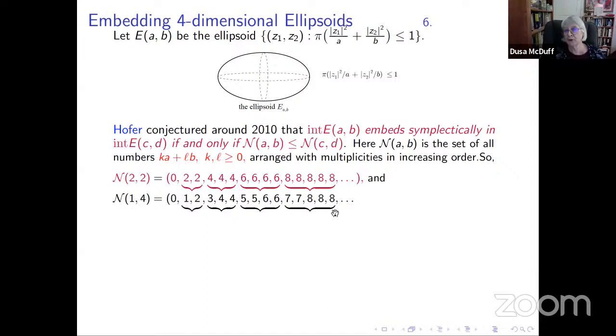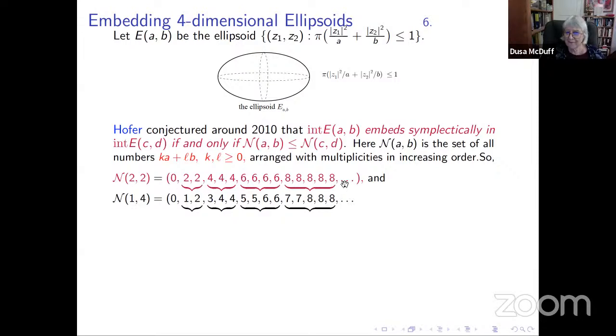So you can write down what those numbers are. And similarly, for N(2,2), you can write down what the numbers are. There are 2 ways of making 2, 3 ways of making 4, because you have twice the first A, you have the sum of A and B, and then you have twice B. And then there are 4 ways of making 6, and 5 ways of making 8, and so on.